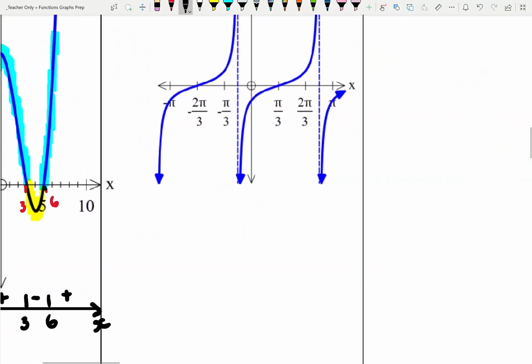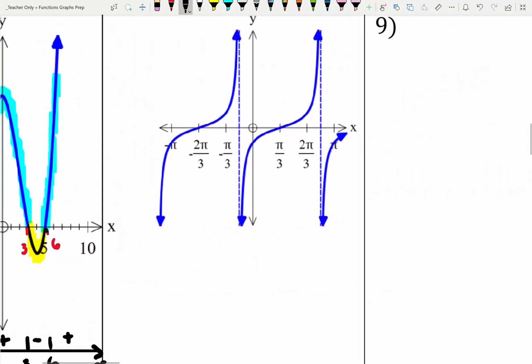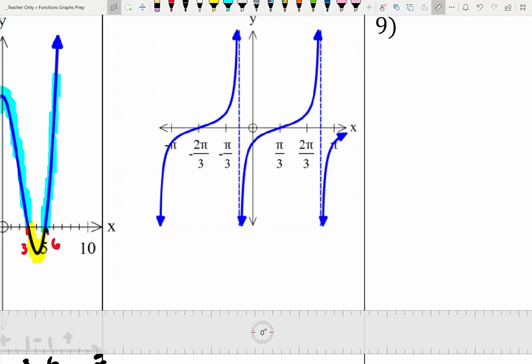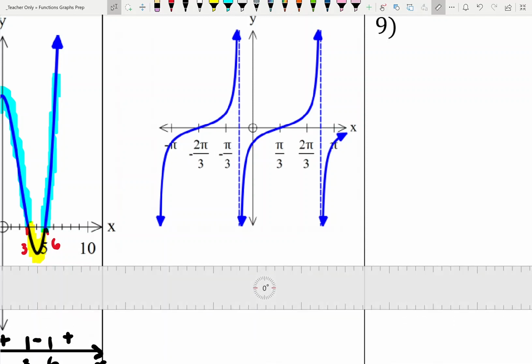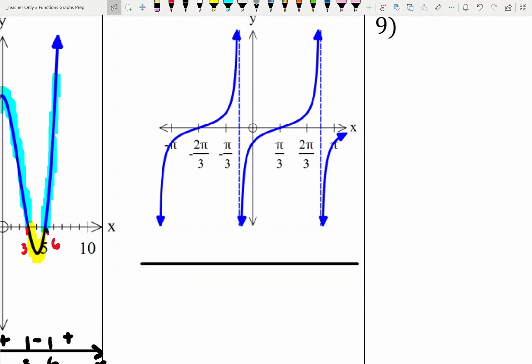All right, having a look at this one, which you should recognize as a tan function of some description. Again, we draw our sign diagram directly underneath it using a ruler, with arrows and an X. Looking at our critical points here, we've got an axis intercept, an asymptote, another axis intercept, and another asymptote.